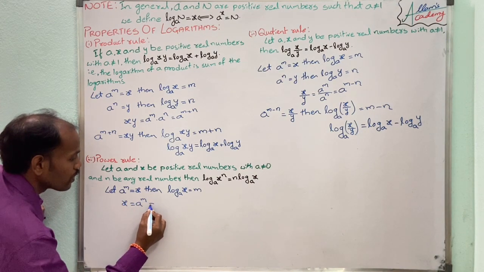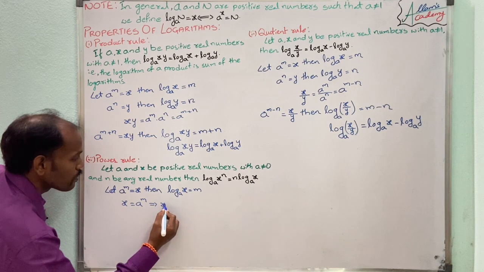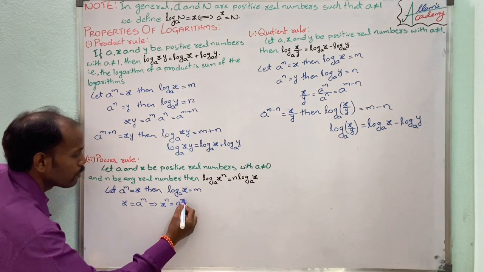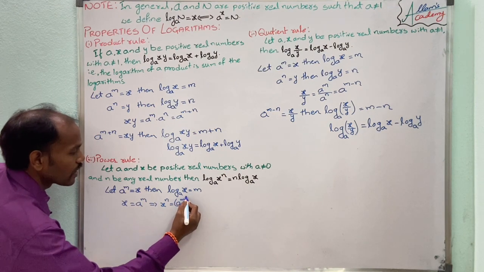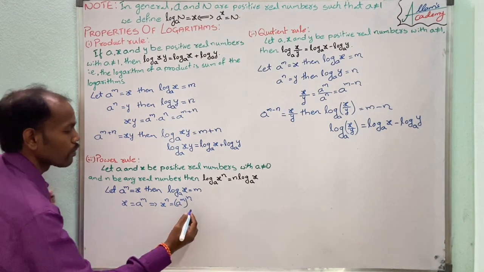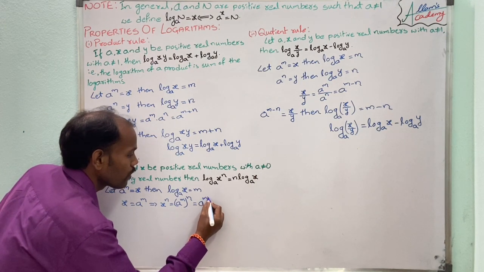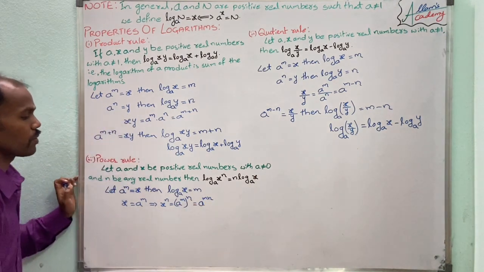Now applying x power n equals a power m whole power n. A power m whole power n equals a power mn by the exponent law.